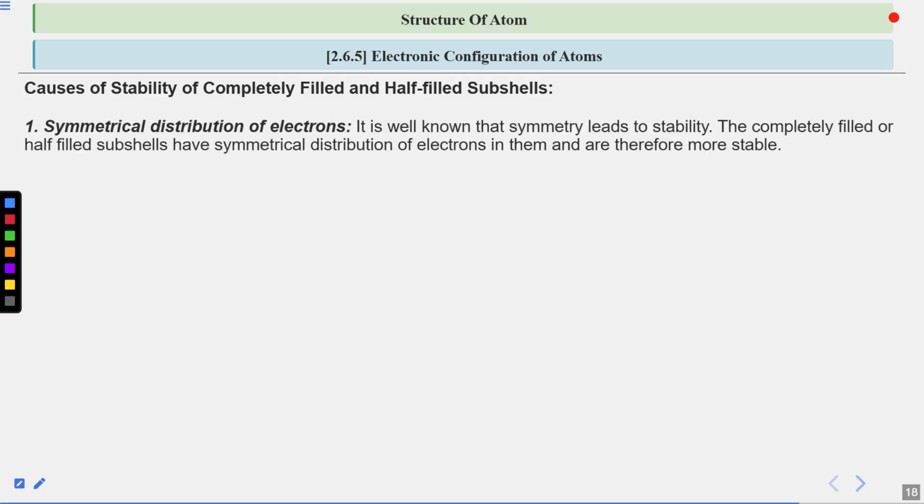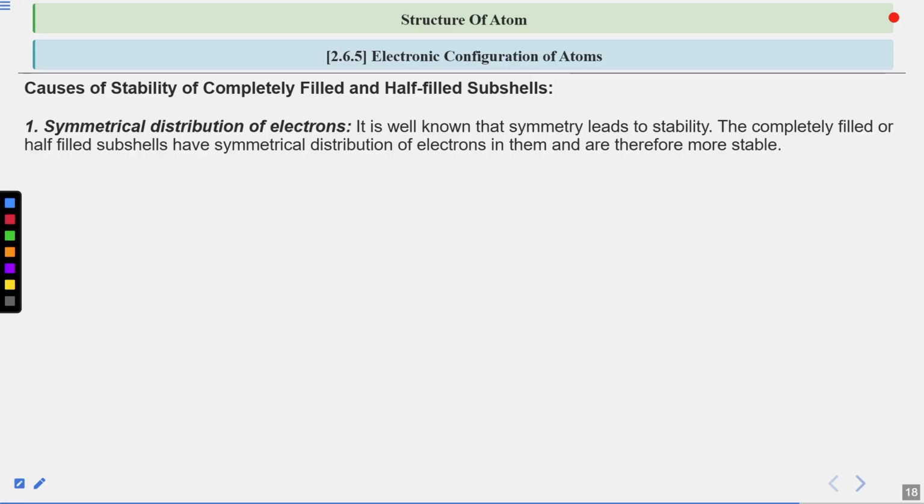Basically, in nature it is seen that symmetrical things are more stable as compared to unsymmetrical things, right? So if we are taking a half filled or a full filled case, then the orbital looks symmetrical. Due to this symmetry, we are gaining some stability.